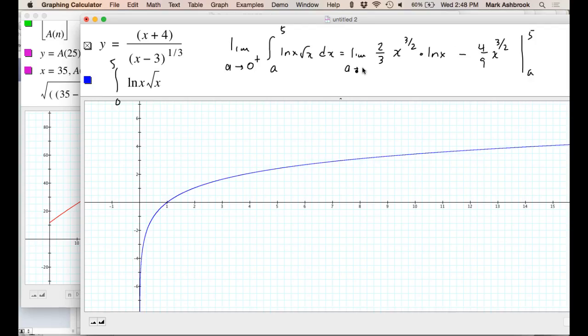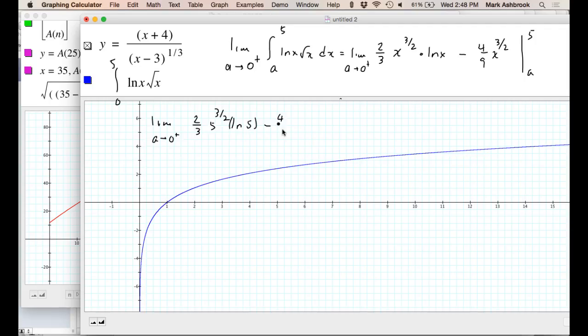And a is approaching 0 from the right. Okay, so we're going to plug our 5 in. So it's going to be the limit as a approaches 0 from the right of 2/3 a to the 3 halves ln of 5 to the 3 halves ln of 5. Good so far.